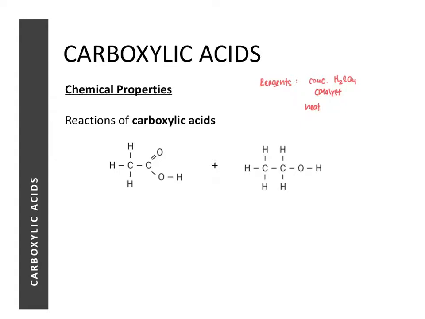Now, to better show the product of the reaction, it is a good practice to make the functional group of your acid and your alcohol face each other. Meaning I'm going to draw it out again. So this is my acid, and I'm going to make it such that the functional group of your acid and alcohol faces each other.